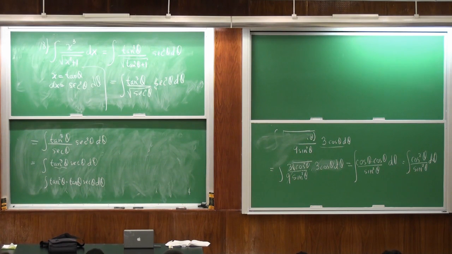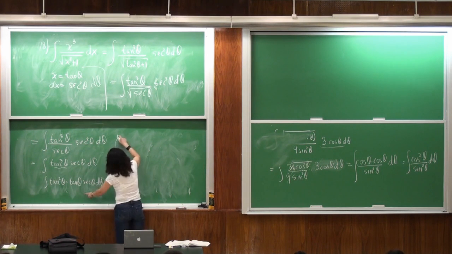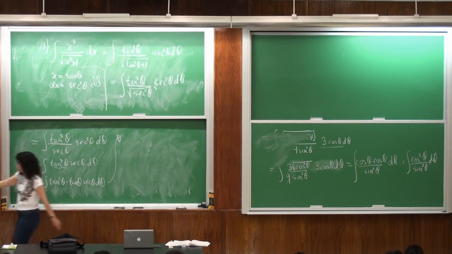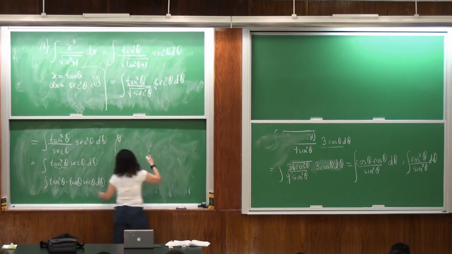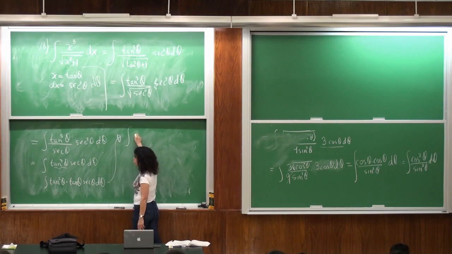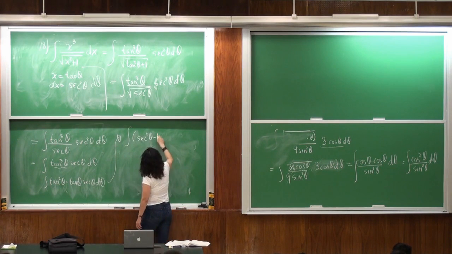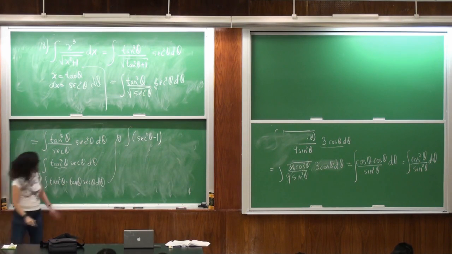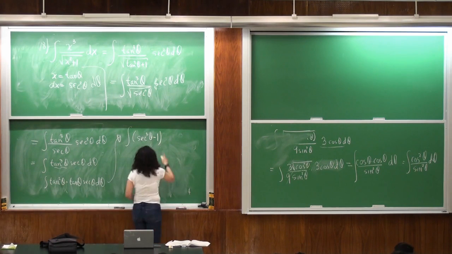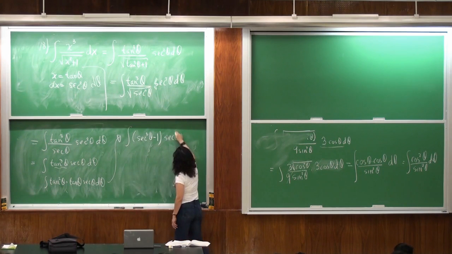Tangent squared equals secant squared minus 1. Okay, now I understand. What he's saying is that I have to use my formula: tangent squared equals secant squared minus 1. So let me put it there. So he says use your formula. And then, I guess you want me to put my secant here and my tangent here.